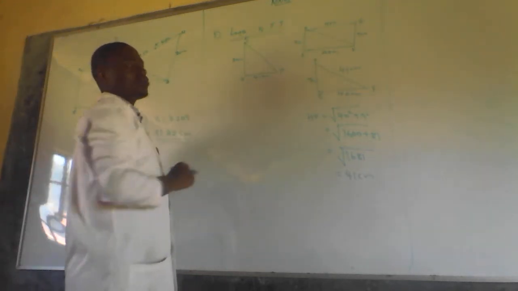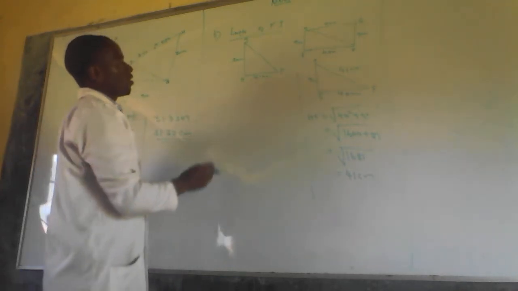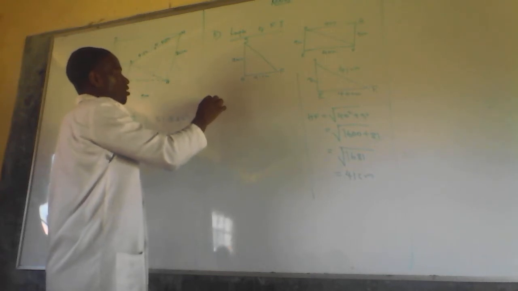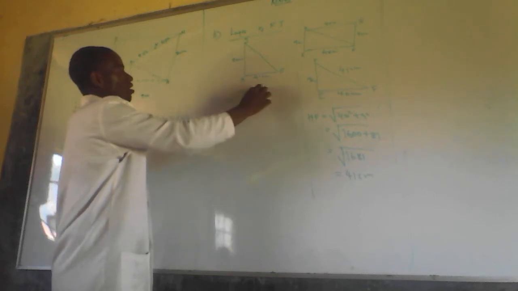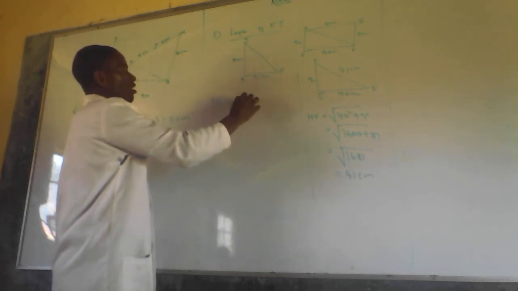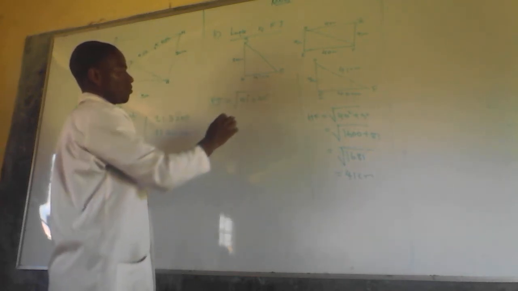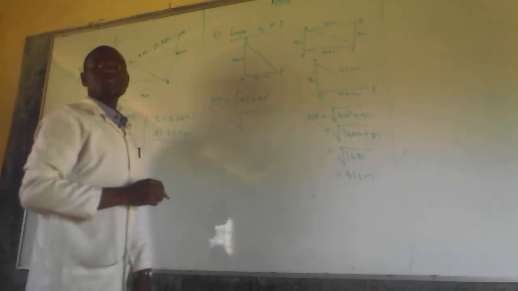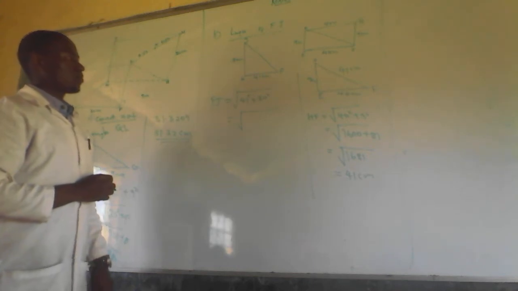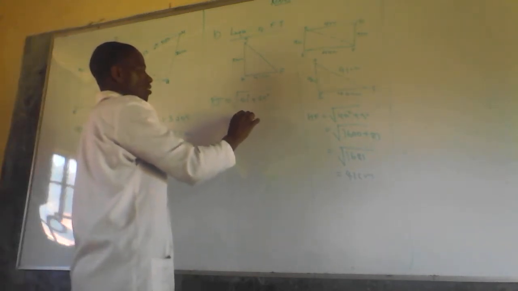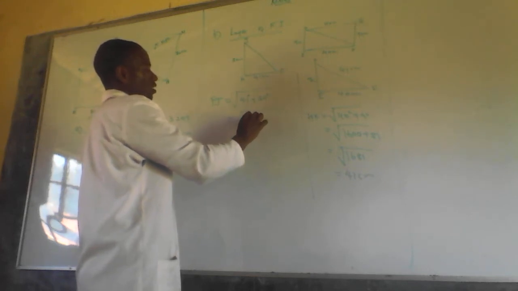But the question you are supposed to answer is to find the length FJ. So we have these two dimensions. We still use the Pythagoras theorem, which says FJ is equal to the square root of 41 squared plus 30 squared. What is 41 squared? 1,681.